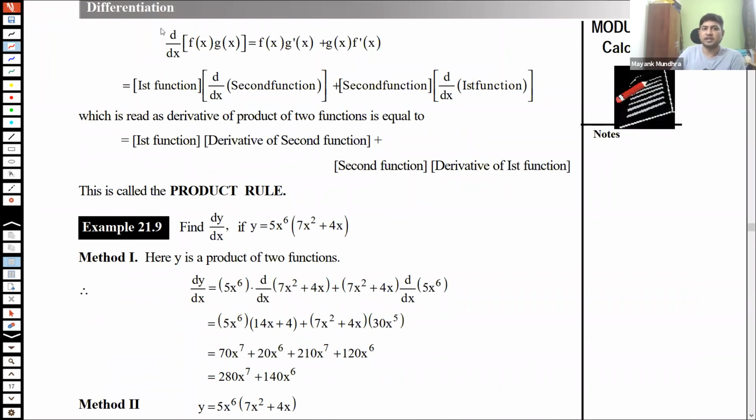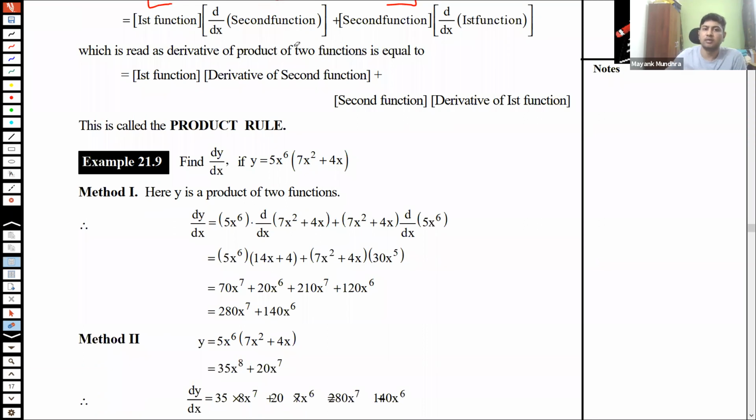The product rule says that d by dx of f(x) into g(x) is: you keep the first function constant and differentiate with respect to the second function, and then you keep the second function constant and differentiate with respect to the first function. So this is your product rule, a very important formula.